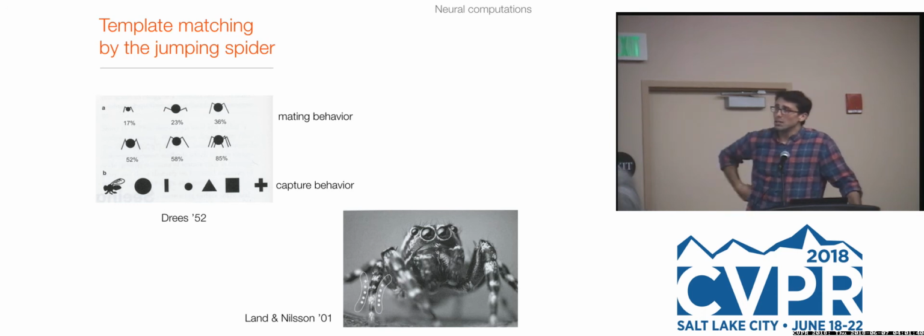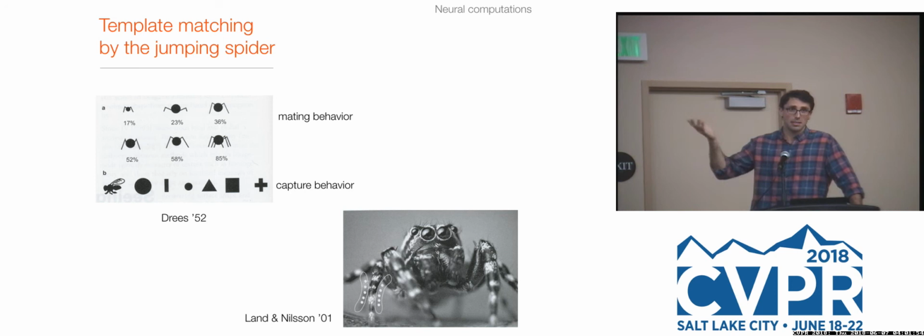And below each stimulus is the response of the probed part of the spider's brain. And so what you can see is that as the stimulus starts to look more and more like a spider, this probed part of the spider's brain responds more.